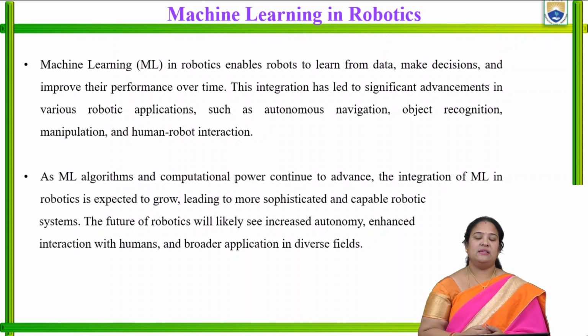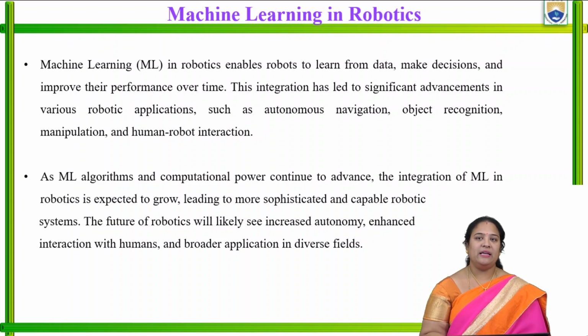So we need to insert machine learning into robotics such that it can learn from the data, make its own decisions, and improve its performance over time. That is the use of machine learning when we insert it into robotics.